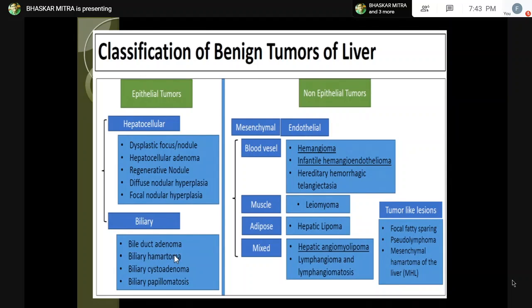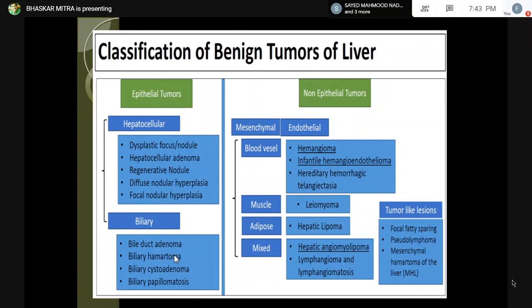In the adipose tissue, we have hepatic lipomas. In the mixed group, we get a combination of connective tissue components like angiomyolipomas, with three components, and many more. There are also some that may present as tumor-like lesions, like focal fatty lesions in the liver, pseudolymphomas, or mesenchymal hamartomas, that is the abnormal proliferation of this mesenchymal component.